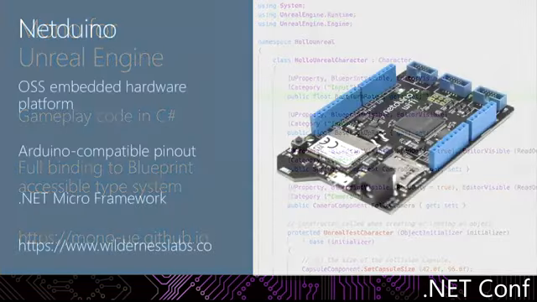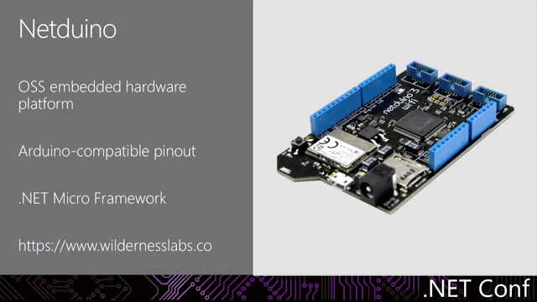And there is one other very cool thing that, again, I wasn't able to show today, but this is Netduino. Some of my friends over at Wilderness Labs took the Netduino project that was originally developed by Secret Labs and have given it a new lease of life. It's really exciting what they're doing with it. These devices are now available again.